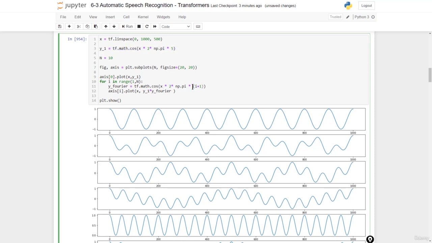So here's the frequency, but the difference is that our frequencies are going to be changing, and as the I varies, the frequency varies, and then we obtain different plots. So when I is 0, we have clearly from here a frequency of 1. So we multiply this function with a frequency of 1 with this one with a frequency of 5, and what we obtain is this function right here.